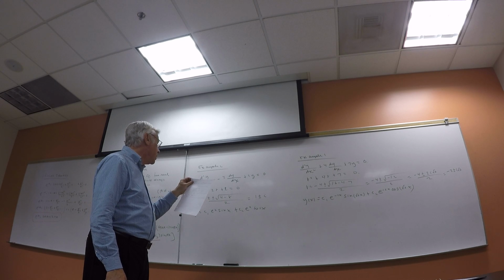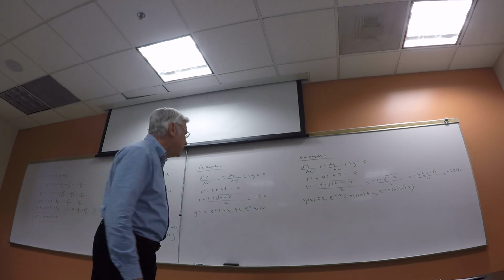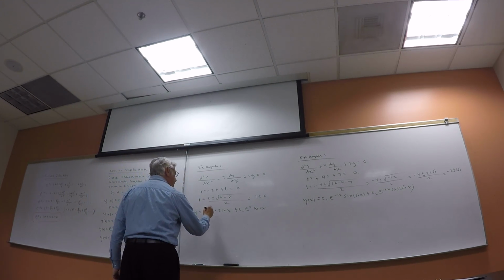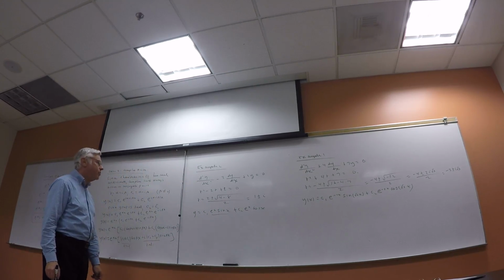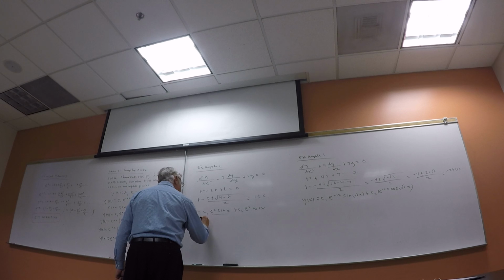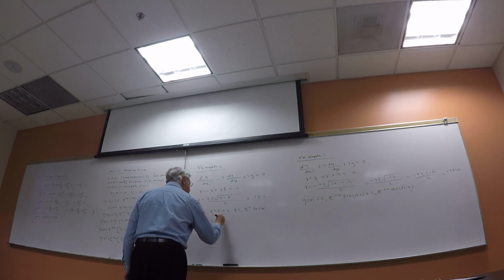Well, for the fun of it, let's verify this, because it's not too bad. Let's verify e to the x sine x. I'm just going to show that e to the x sine x actually solves the equation. So let y1 equal e to the x sine x.